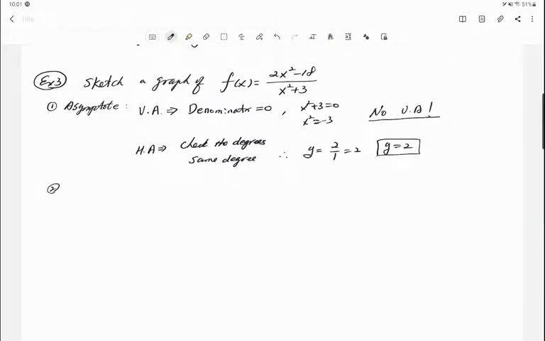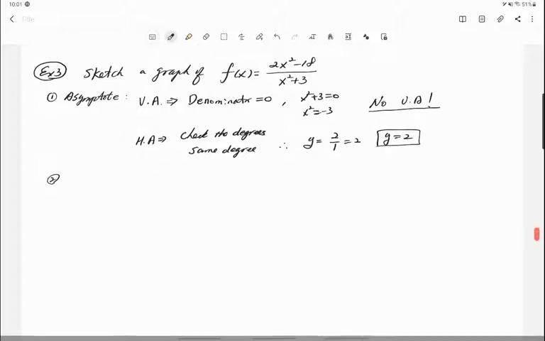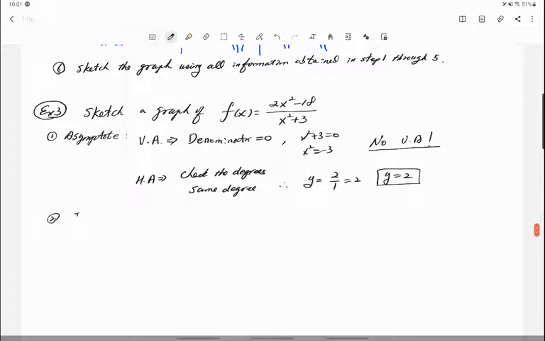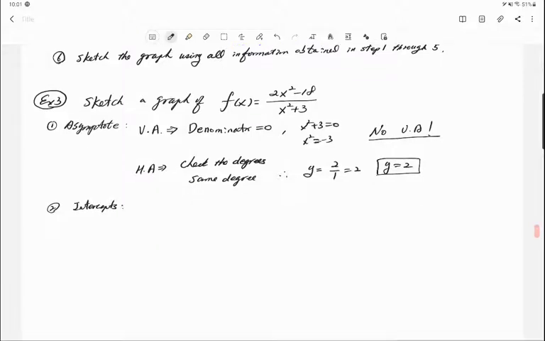Now we can check the intercepts. Let's find the x-intercept and y-intercept. First, the y-intercept. How do you find it? Set the other variable x equal to 0.